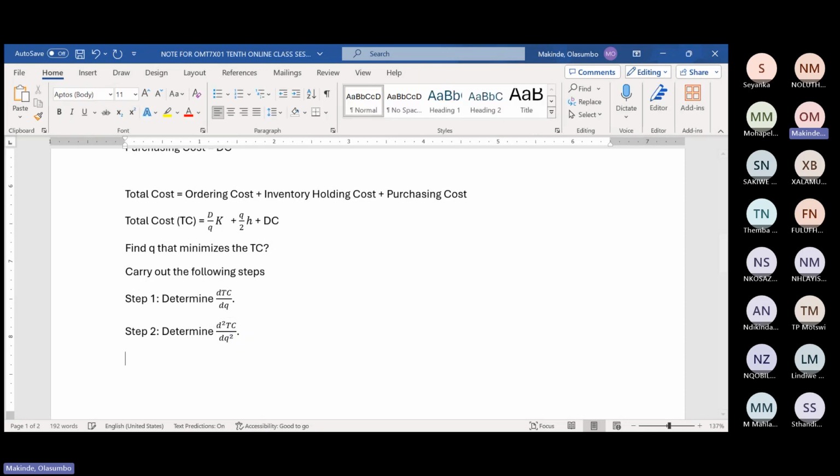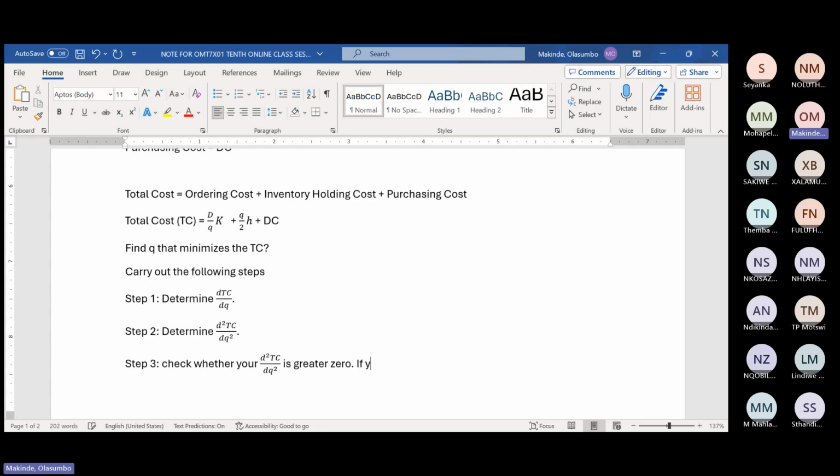Then you now proceed to step 3. You need to check whether your D squared TC, the Q squared is greater than 0.